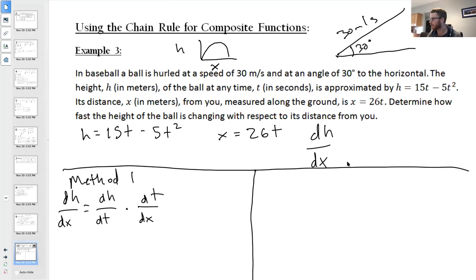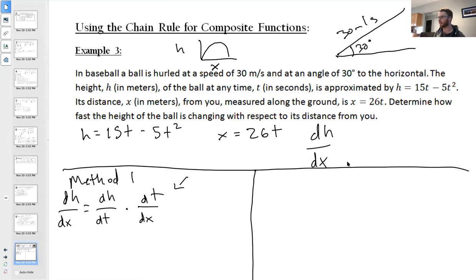Just by reading it, determining how fast the height of the ball is changing with respect to its distance from you, we're looking at how h is changing with respect to x. Did that answer your question? Or are you talking about this point here for method 1? Yeah, for method 1. Okay, yeah, really good question.